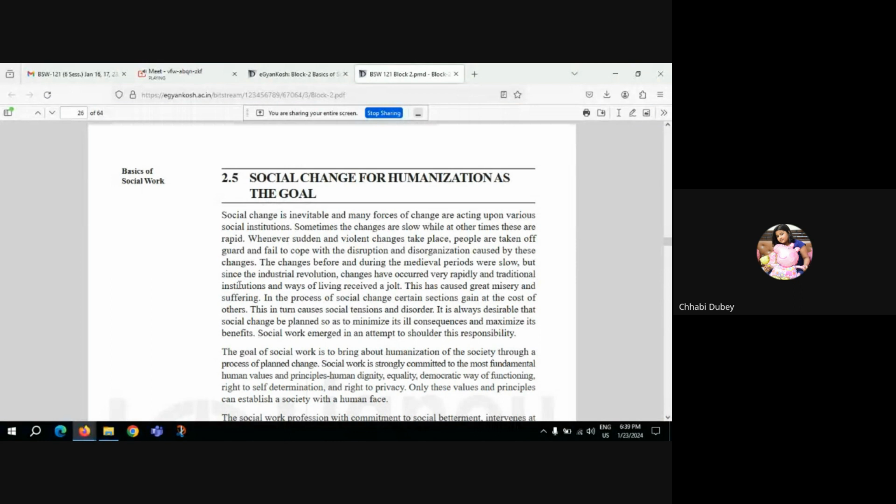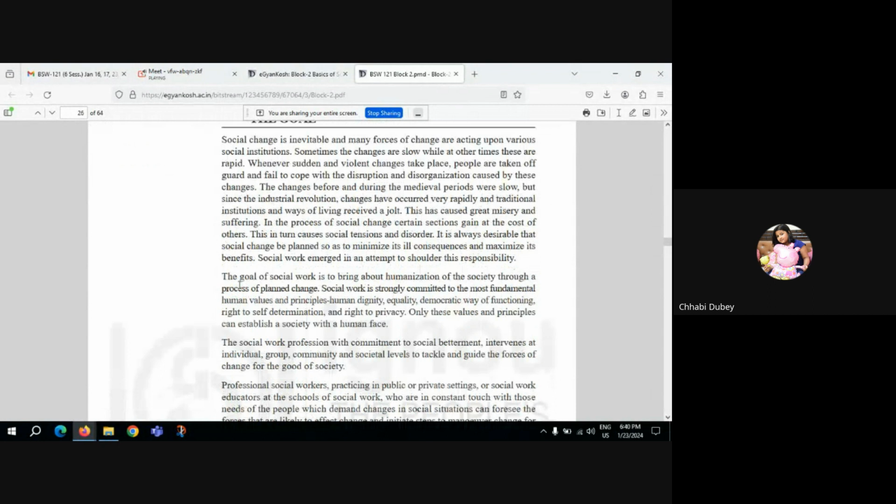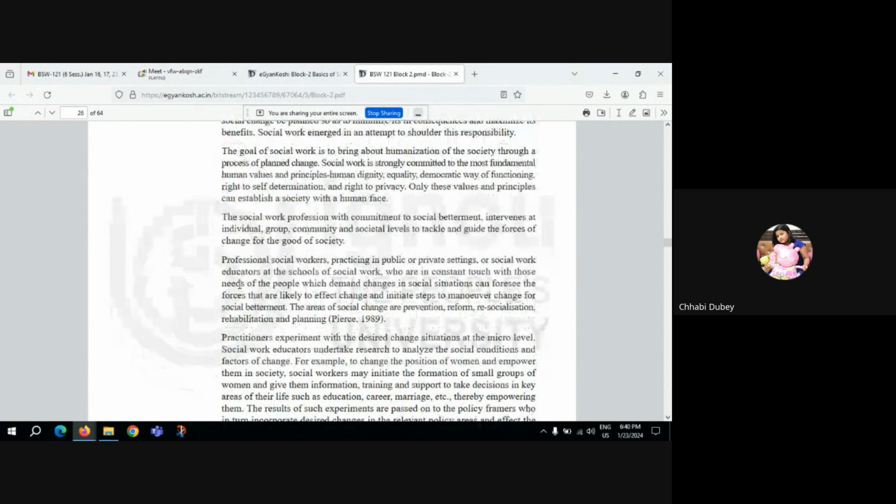Only these values and principles can establish a society with a human face. Social workers also have a commitment towards the betterment of society. They are committed to intervene at the individual, group, or community level to tackle problems and to guide the forces of change for the good of the society.